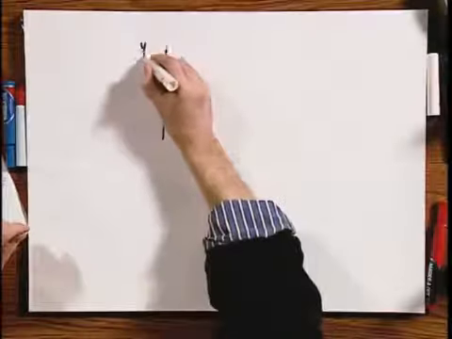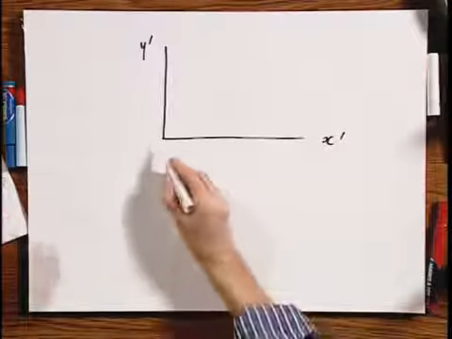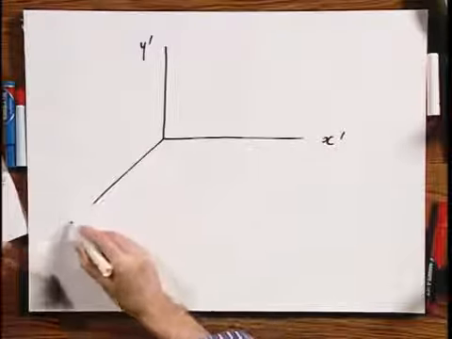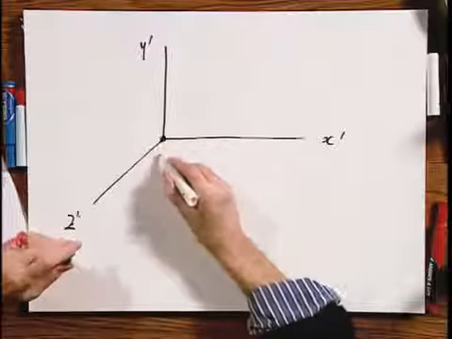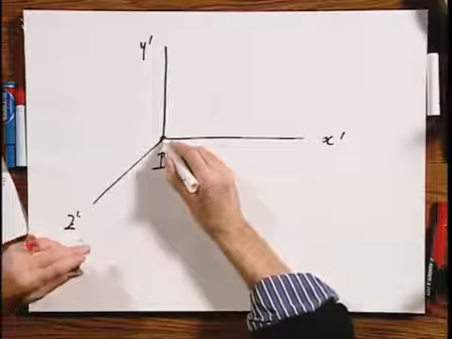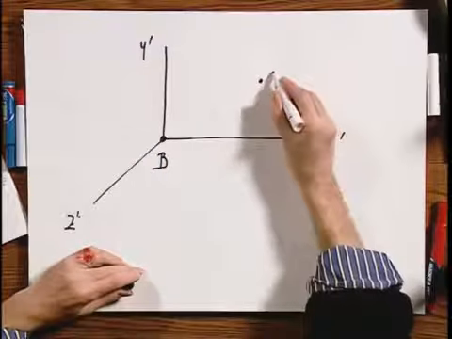I call this y prime. I call this x prime. And I call this z prime. This point is now not O, but this point is now point B, where the plus Q charge is. And here is now that point P.